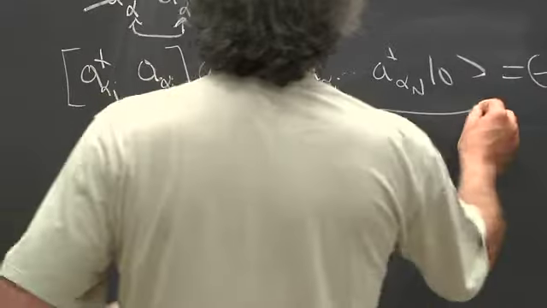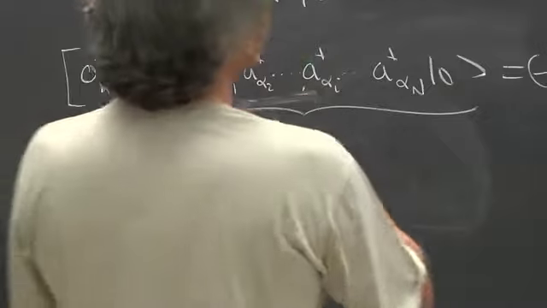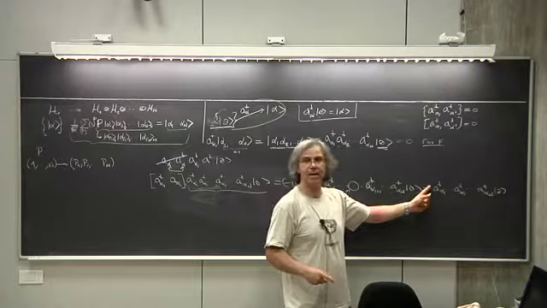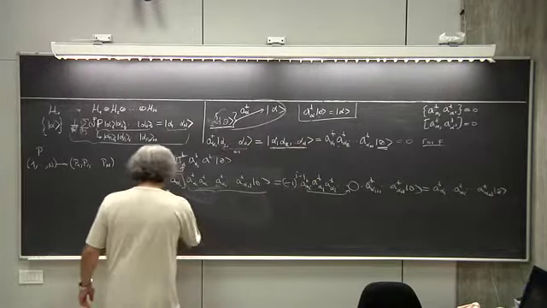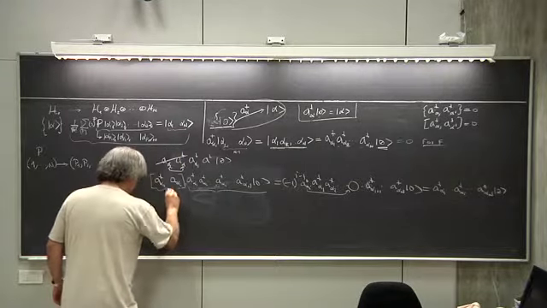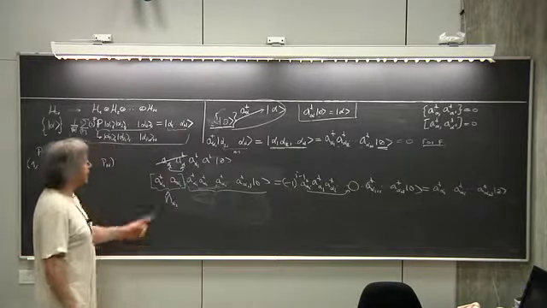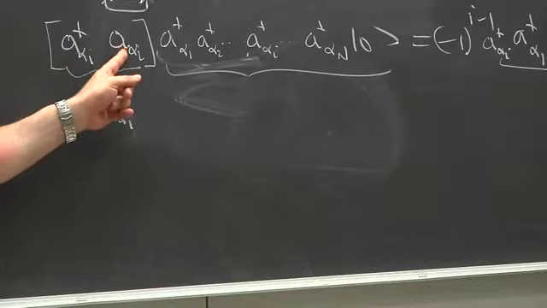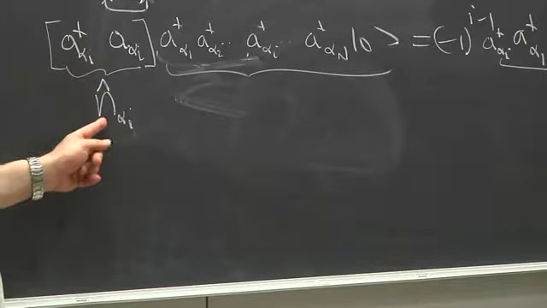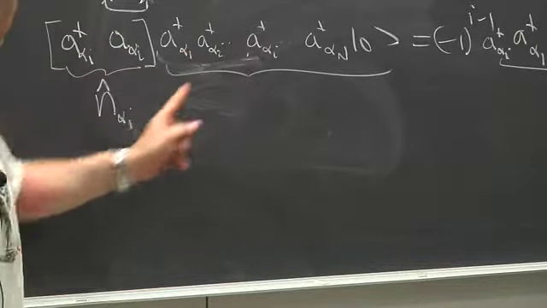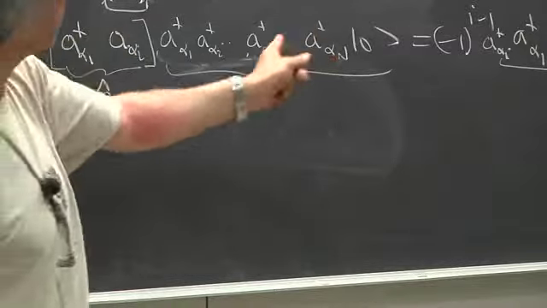This object is an eigenstate of this operator with eigenvalue 1. So we also define this object to be the number operator: A dagger alpha, A alpha with the same label counts. If there is the label, you get 1, as in this case.